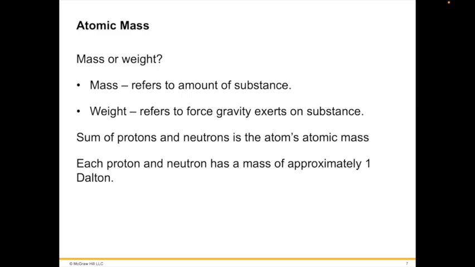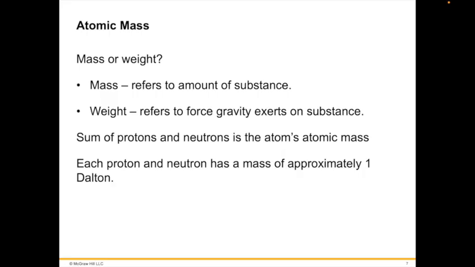An object has the same mass whether it is on Earth or the Moon, but its weight will be greater on Earth because Earth's gravitational force is greater than the Moon's. The atomic mass of an atom is equal to the sum of the masses of its protons and neutrons.